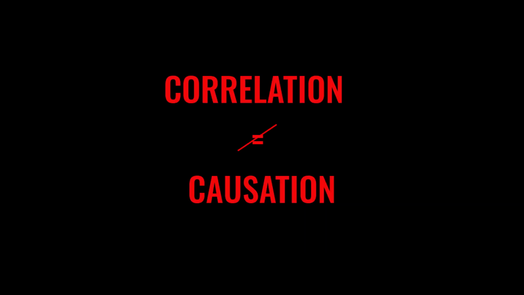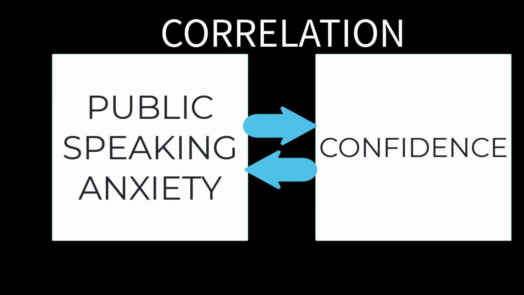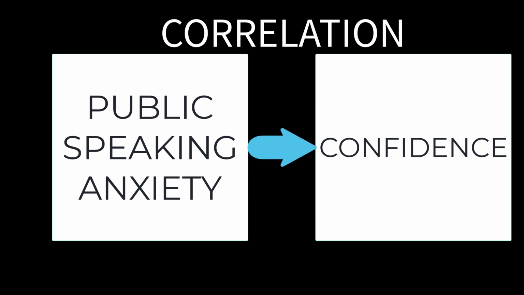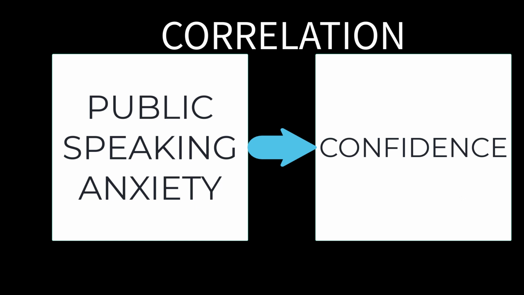Our last topic is that correlation doesn't equal causation. In our specific example, we believe that public speaking anxiety and confidence are negatively related, but there are no identified causes. We don't know that lower public speaking anxiety makes one more confident, or that more confidence leads to less public speaking anxiety.